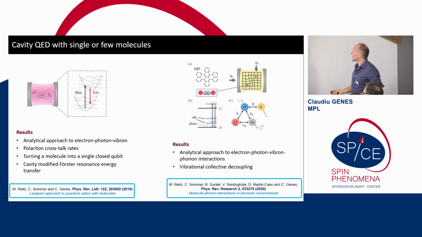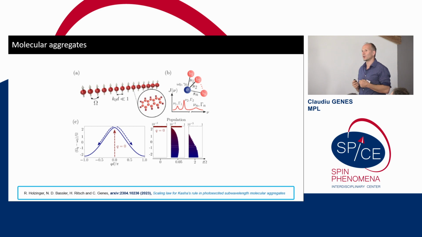Now, the second thing is that this quantum Langevin approach also allowed us to look at systems where you have molecules inside host matrices where phonons are present as well, so inside atomic or molecular crystals. So this is a pretty powerful method to treat any of these kinds of systems. But now I would like to focus on what I mentioned from the beginning, a very nice system where whatever people are talking about in quantum optics in terms of atomic arrays or anything else is already sort of present.